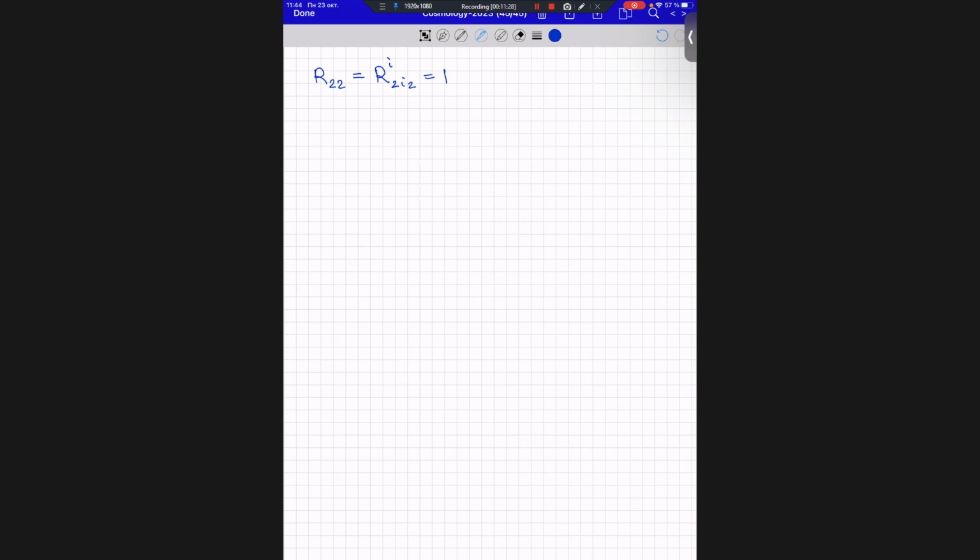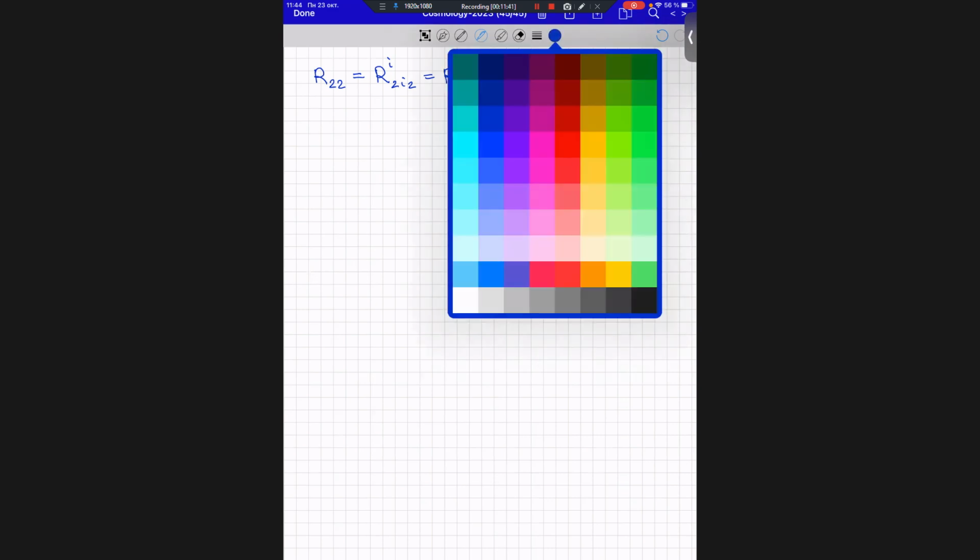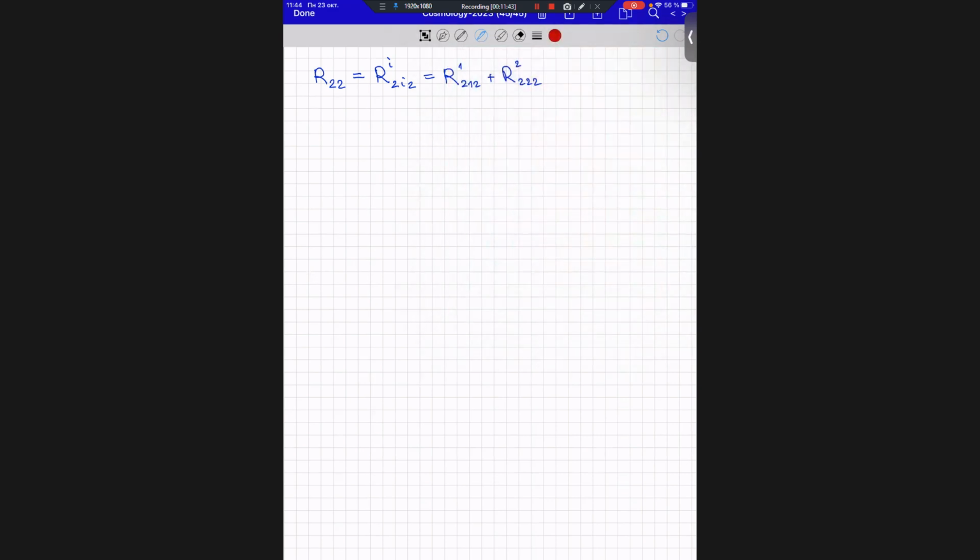So I need to write everything out. It's the summation: R^1_212 plus R^2_222. Again, you can check it at home, but this equals 0. If you write the expression for the Riemann tensor, you can immediately see that this is 0, because you will have a derivative, for example by theta, but the expression under the derivative depends on phi.